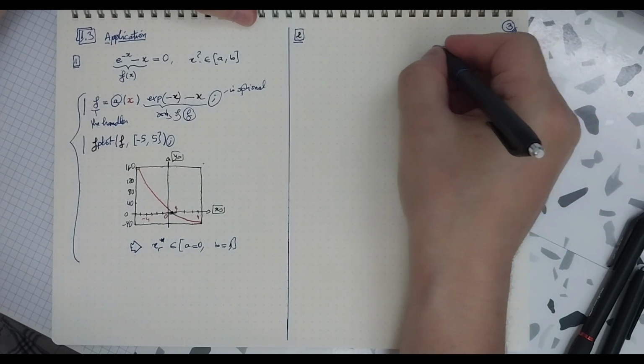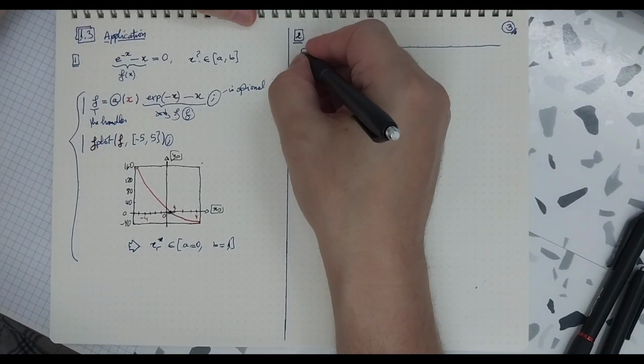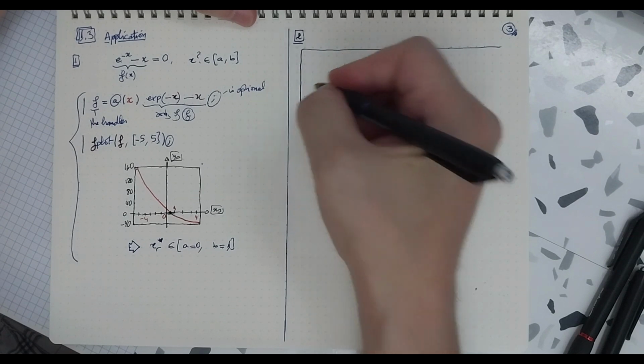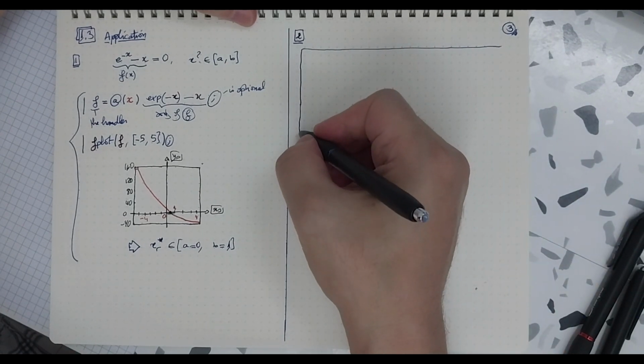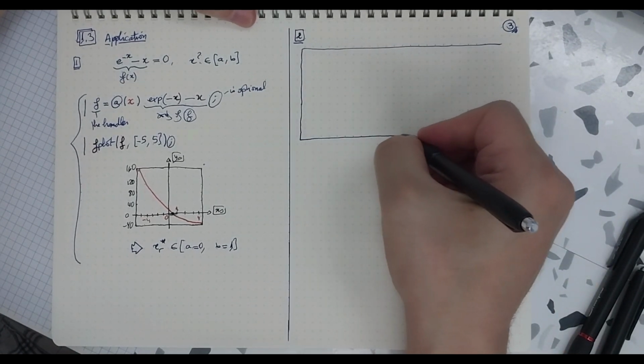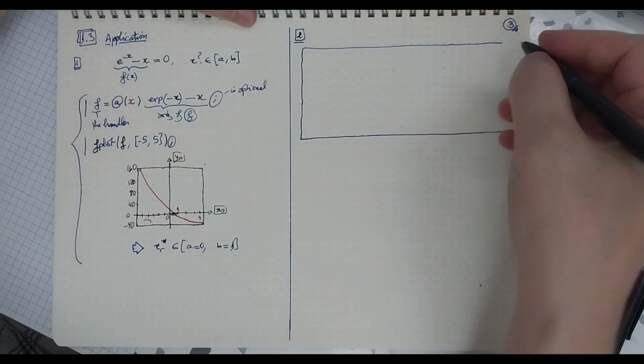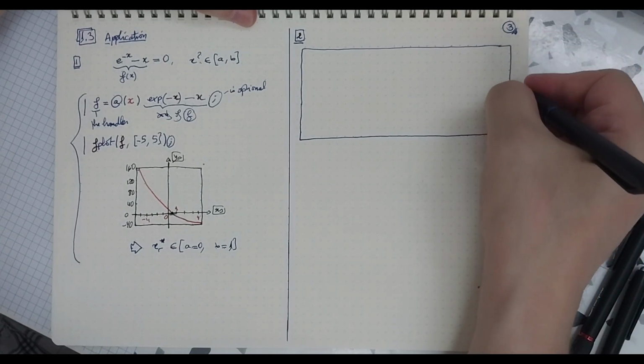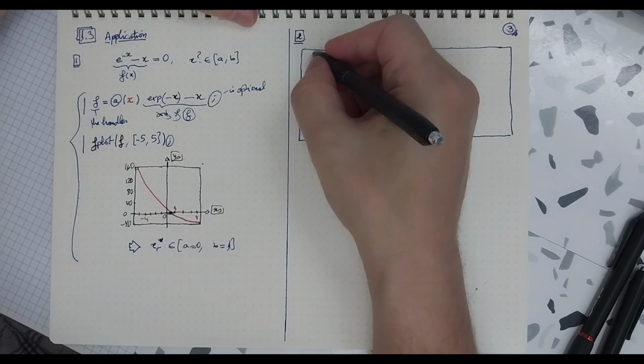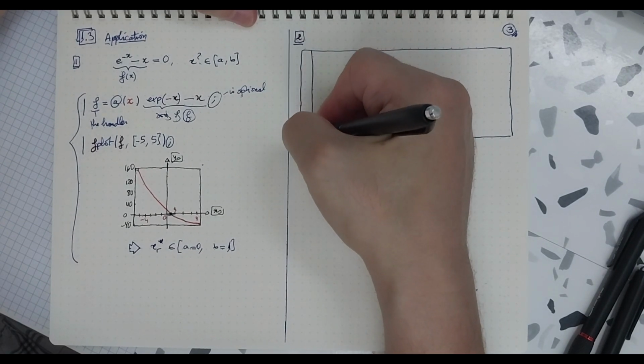Now we need a space here for the iteration.